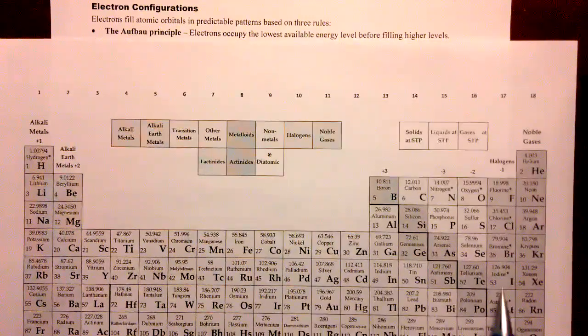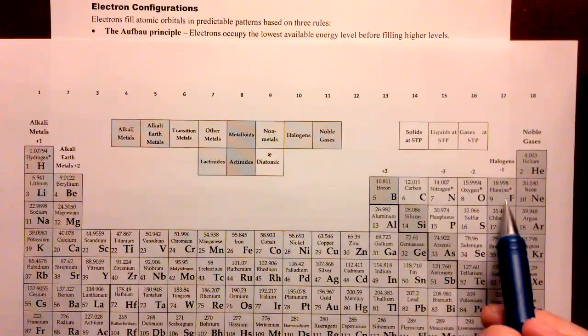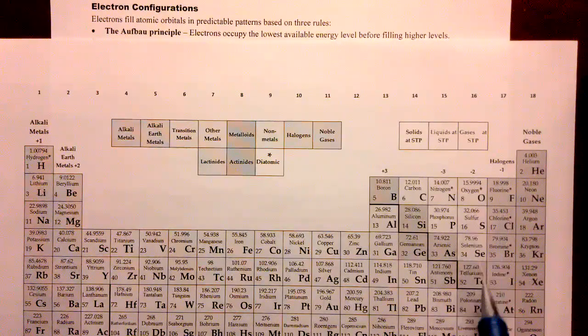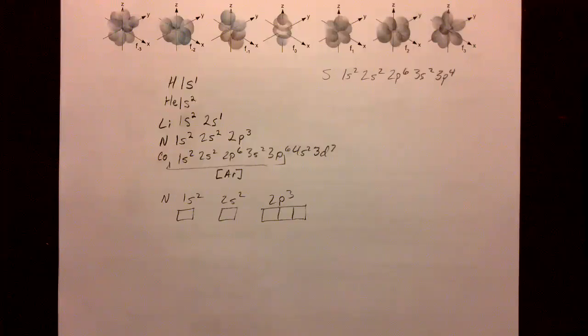And that even applies down here because remember, we're ignoring these for the purposes of outer shell electrons. If you think back to your Lewis dot diagrams, that's why this block was always 7 valence electrons, 6, 5, 4, 3.